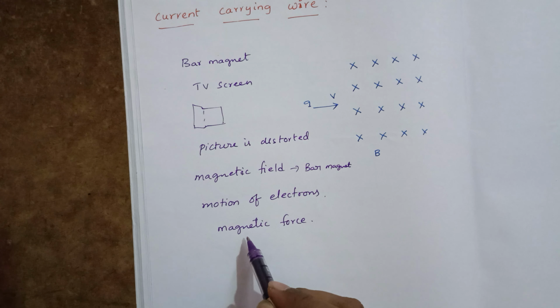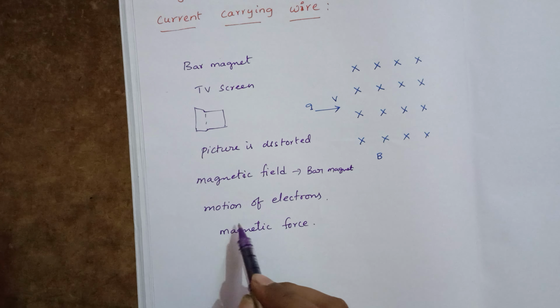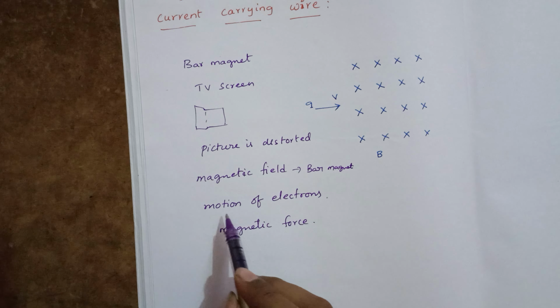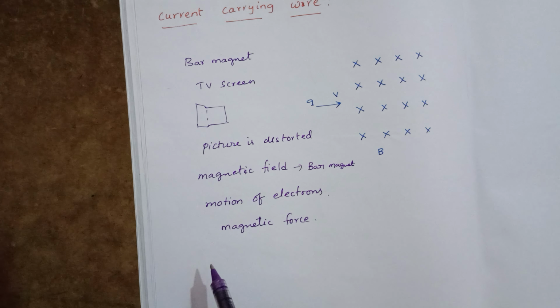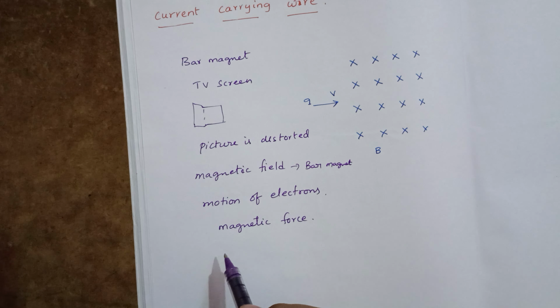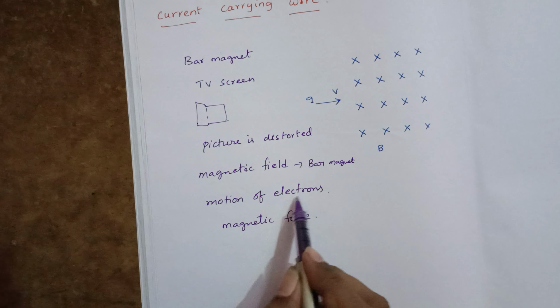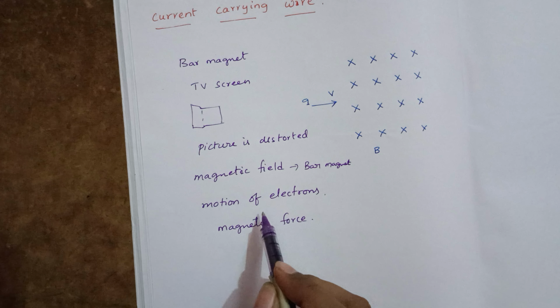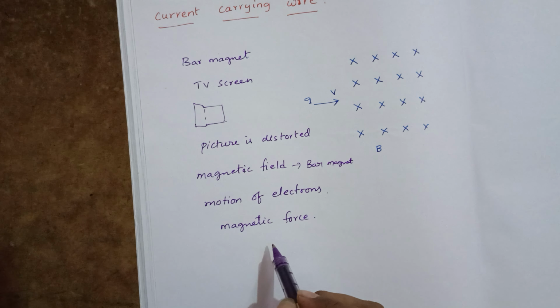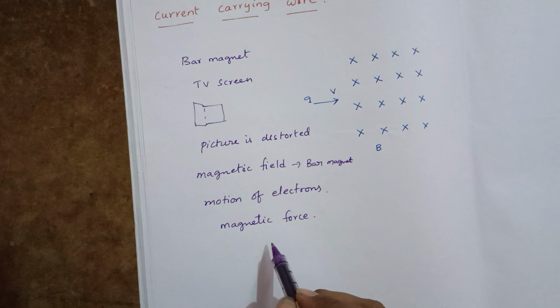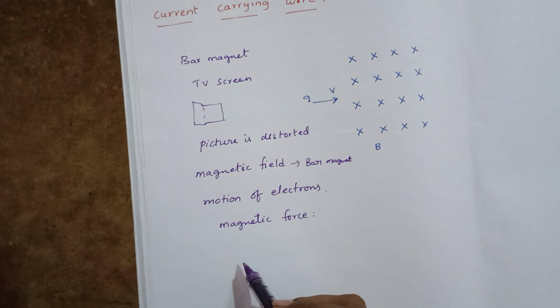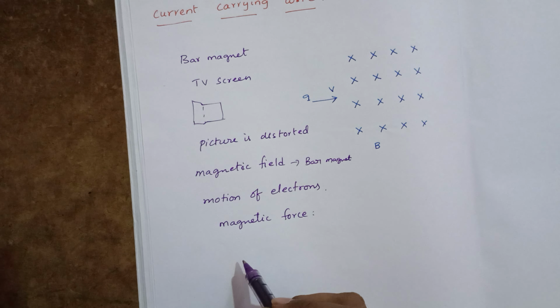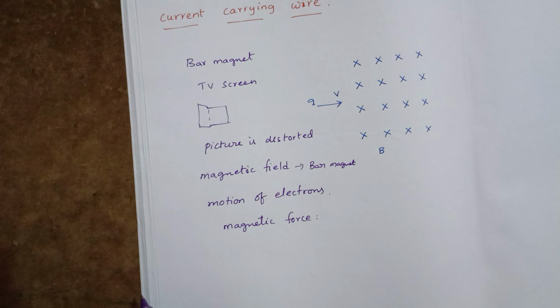So we can say a force acts on the moving charges, on the electrons. That force we call magnetic force.